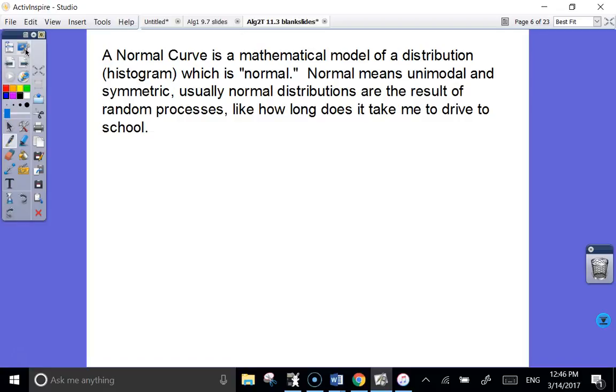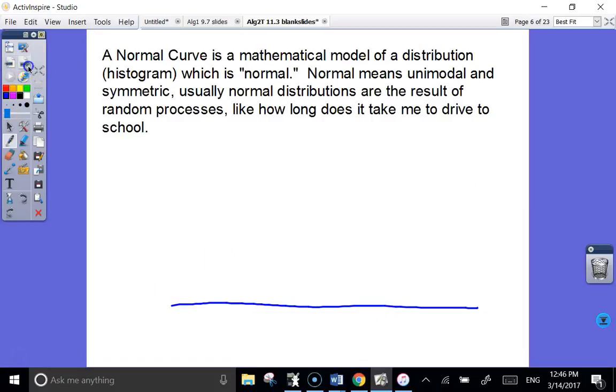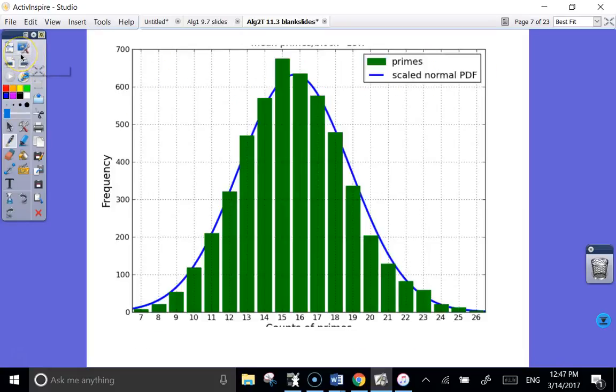But overall, if I measured this time after time after time, my distribution would probably look something like that. So we can approximate a normal distribution with a mathematical curve, right?